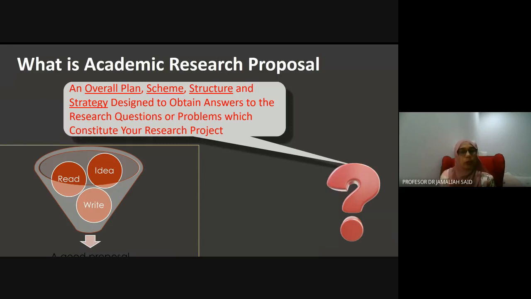To write a good research proposal, of course, you have to have a good idea on what you're going to research. To get a good idea, you have to read a lot of articles and journals. You have to read theses also to get a good idea for the research proposal. Since you're writing a research proposal, at the end of the day, you're going to write a thesis.